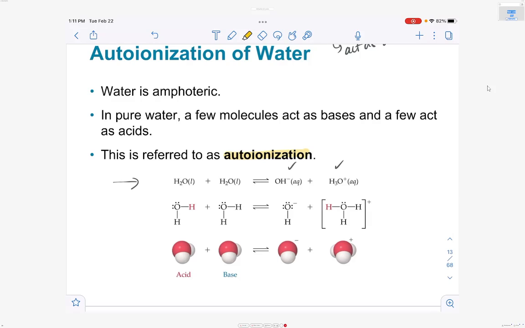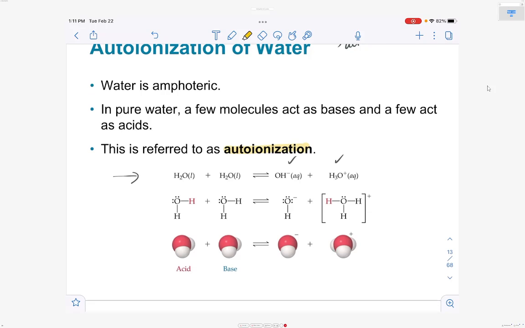So in this reaction, one water molecule is acting as a Bronsted-Lowry acid, donating a proton. The oxygen of the other water molecule is going to steal the proton from the acid.